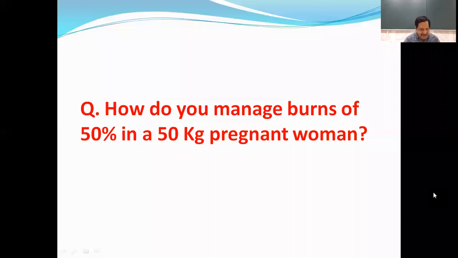This is the university question asked for 10 marks. And I don't know what we expect from an undergraduate student. You forget the pregnant woman, you write whatever you write, either male or female, the same. No problem, that we accept because it's too difficult. We don't expect an undergraduate to answer this question unless there is a paper leakage.